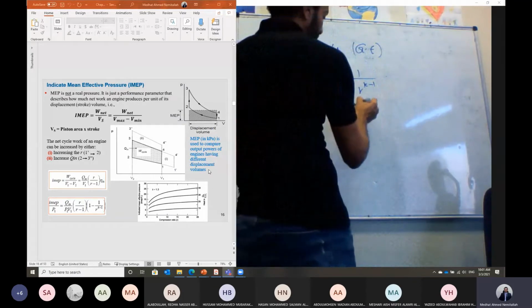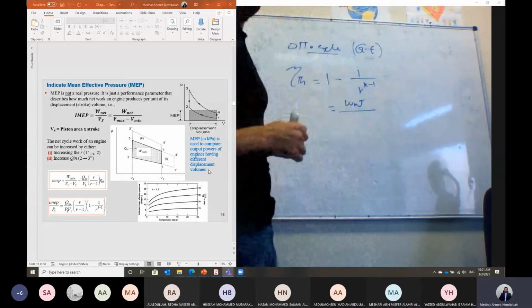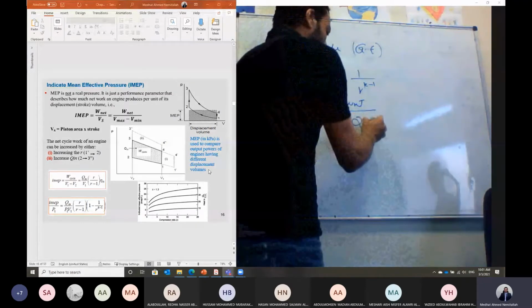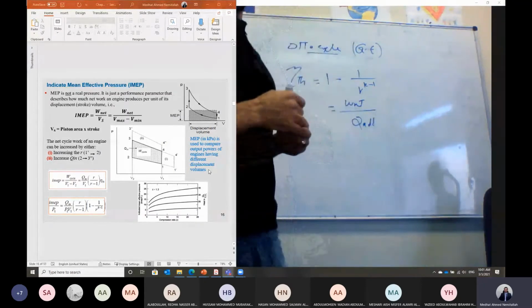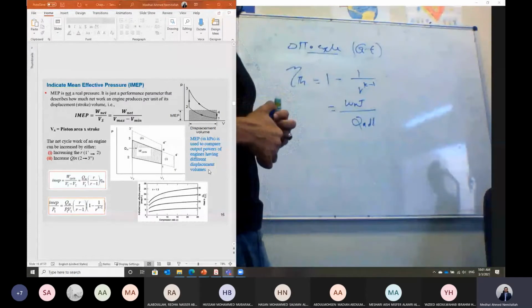And this thermal efficiency, as we have proved, is equal to the net work out of this cycle divided by the heat added to the cycle.